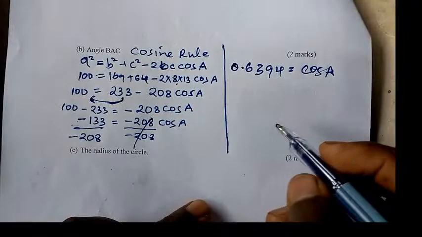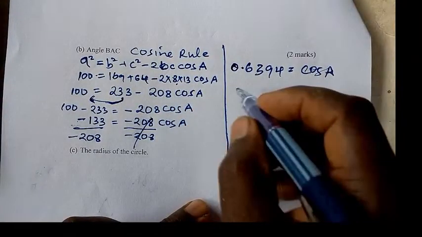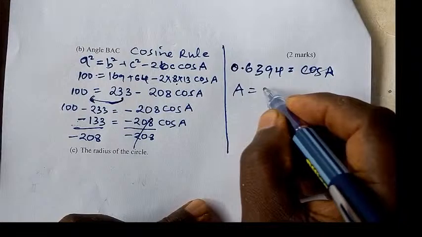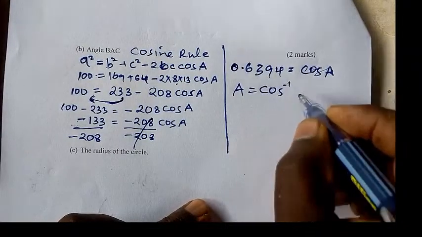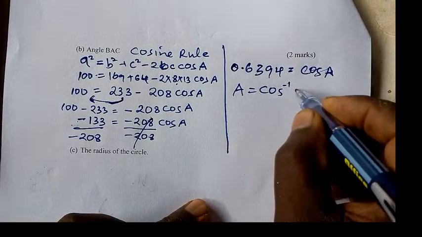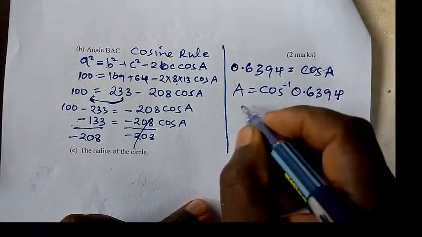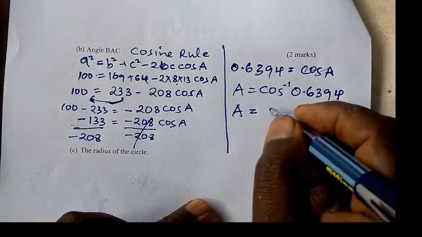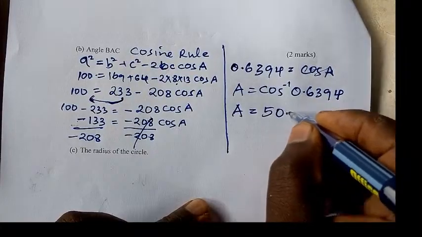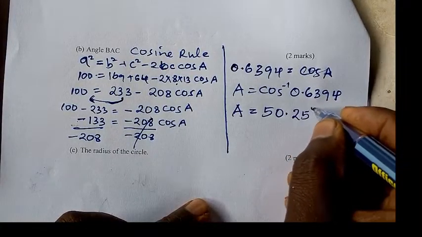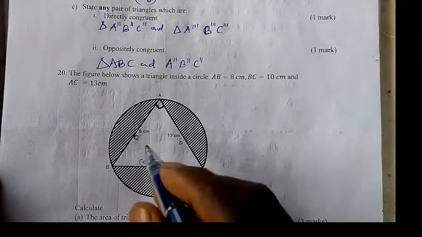You should know. So to get A, you find A and go to cos inverse 0.6394. So A is 50.25 degrees. So we want to get the radius of this circle.